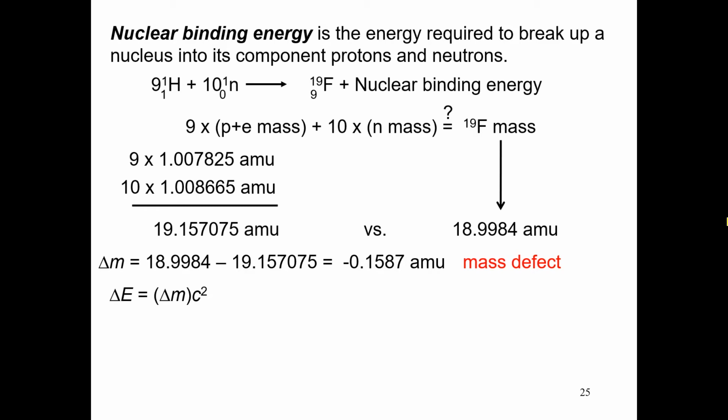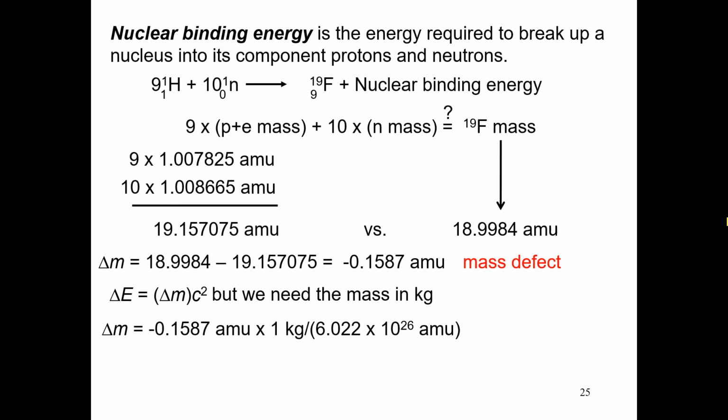So let's do the calculations here, okay? In order to convert this to energy in the appropriate units, we're going to have to convert the mass defect from AMUs into kilograms, and I'll show you why in the next slide. So let's do that conversion. 1 kilogram is essentially 6.022 times 10 to the 26 atomic mass units. Remember, 1 gram is an Avogadro's number of atomic mass units, but this is a kilogram. So we're going to put that in there, and we get negative 2.635 times 10 to the negative 28 kilograms.